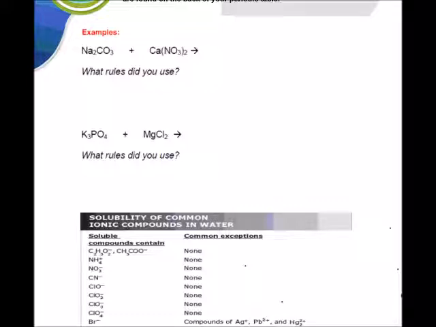For sodium carbonate reacting with calcium nitrate, first we're going to predict our products. First product is going to be sodium nitrate, and it's going to be calcium carbonate as the other product. We'll need a 2 here to balance this, so that's already done. Now we have to decide what rules we are going to use to determine which one is our solid, which one is the precipitate.